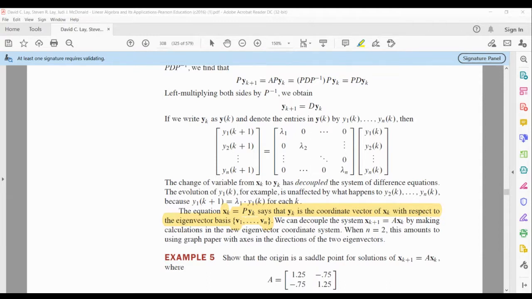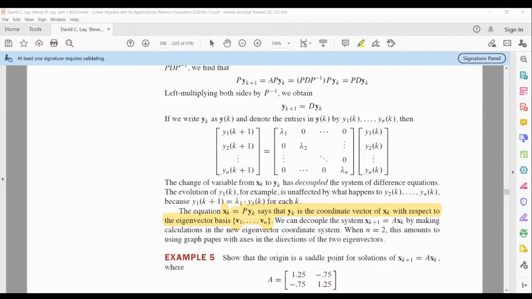In other words, the trajectory defined by the x sub k vector can be thought of as a linear combination of the eigenvectors of the matrix P, and the linear combination is defined by the vector Y sub k. That's how you have to think about the trajectory.